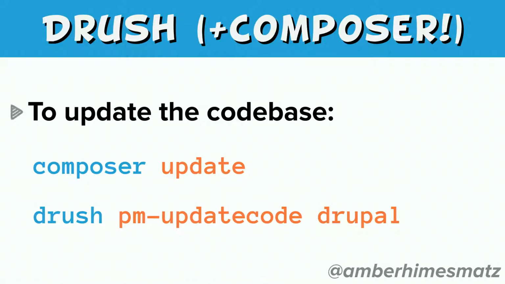To update the code base only, like just the code base, that's our update everything. This should really be Composer update drupal/core --with-dependencies, and then you can also run Drush PM update code Drupal.